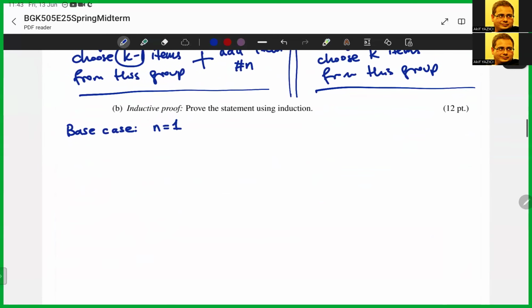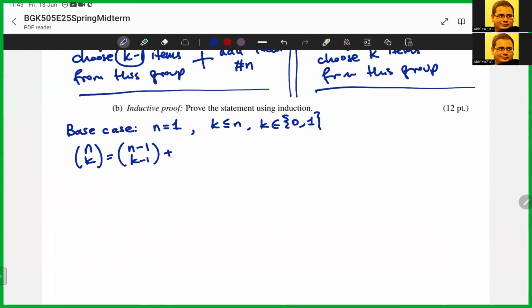So I have to show that this equality holds for k less than or equal to n, which means k must be either 0 or 1. So the left-hand side, n choose k, is equal to n minus 1 choose k minus 1 plus n minus 1 choose k. So is this satisfied for this particular scenario?